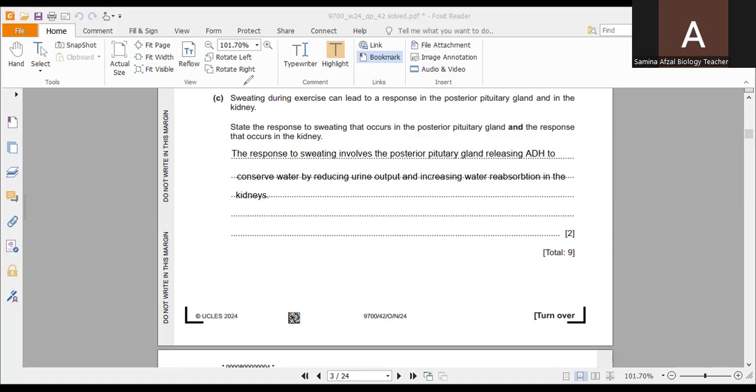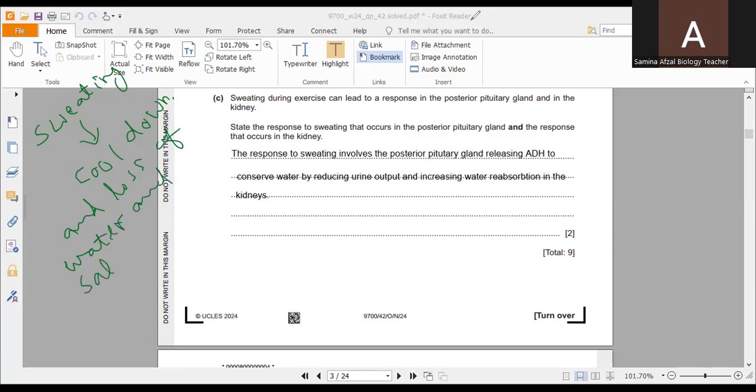Sweating keeps the body cool, but loss of water and salts takes place during this sweating.